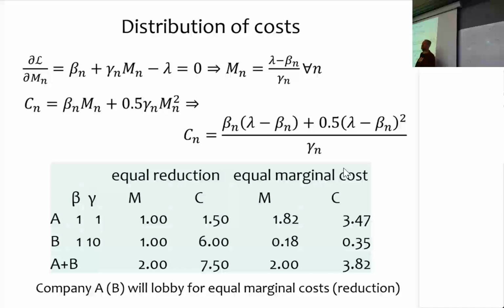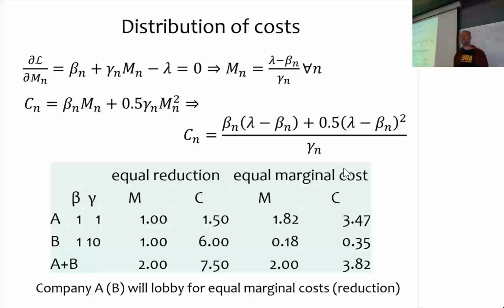Total emission reduction is still 2, right? If we do this, then company A faces costs of 3.47, company B faces cost of 0.35. Total costs have fallen from 7.5 to 3.8, right? So it is indeed much cheaper to equate the costs at the margin, right?